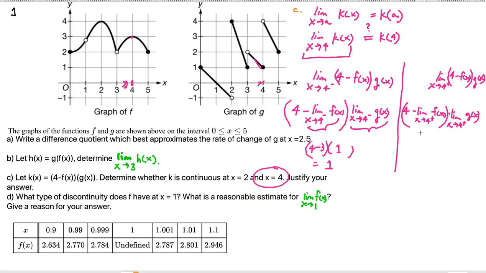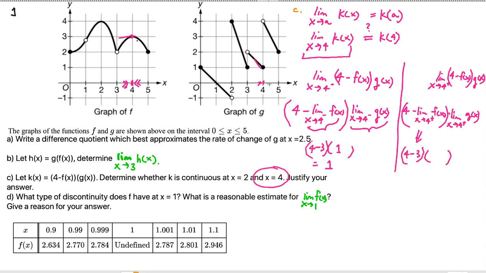Now let's look at the right-hand limit. What is the value of the limit as x approaches 4 from the right of f of x? From the right of 4 is over here, and I get that it's getting closer and closer to 3. So this is 4 minus 3 times whatever this is. So what's this?